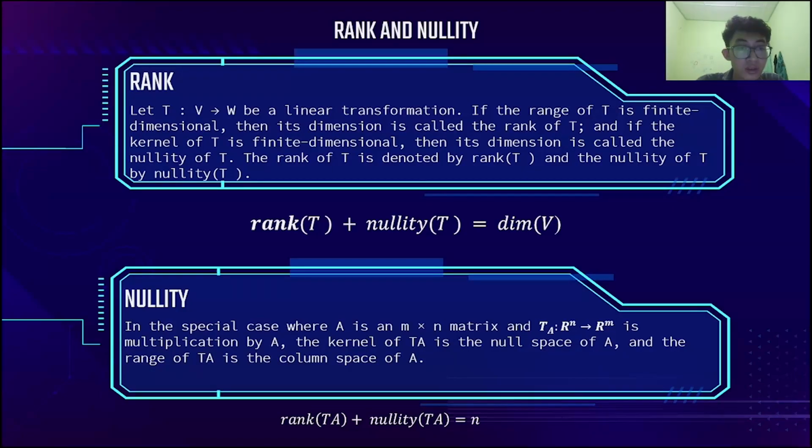The nullity is a special case where A is an m by n matrix, and we get T_A from the domain to the codomain is multiplication by A, an m by n matrix. The kernel of T_A is the null space of A, and the range of T_A is the column space of A, and then we get rank(T_A) plus nullity(T_A) equal to n.